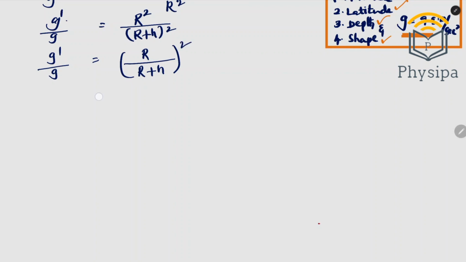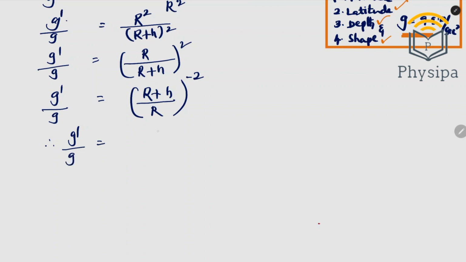By reciprocating this fraction, we get r plus h by r whole to the power of minus 2. Therefore, g dash by g is equal to, by dividing with r, 1 plus h by r whole to the power of minus 2.